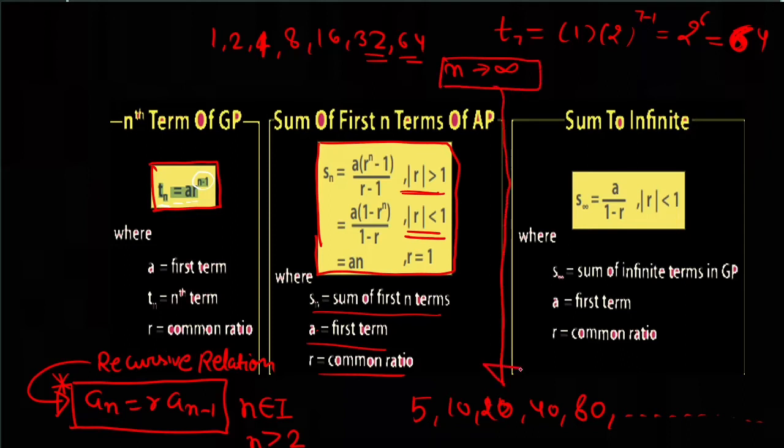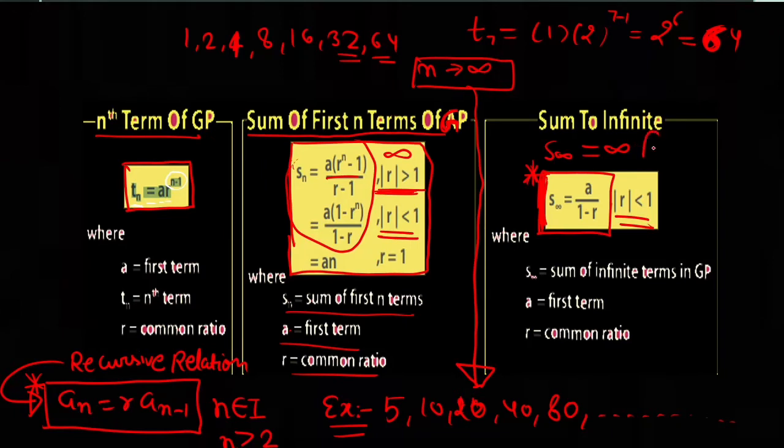For this condition, if we put infinity in these two equations, we will get that Sn for mod of r greater than 1 is infinity.